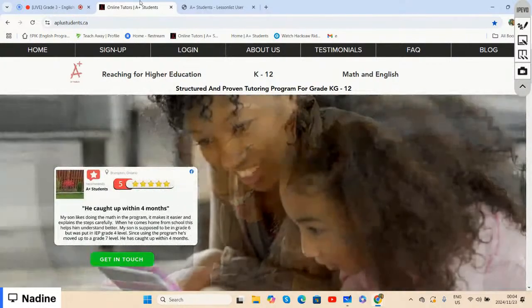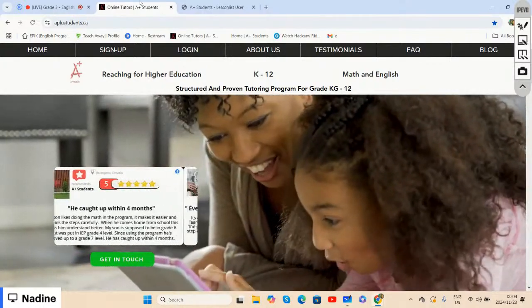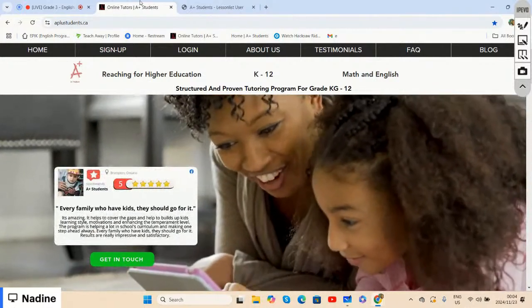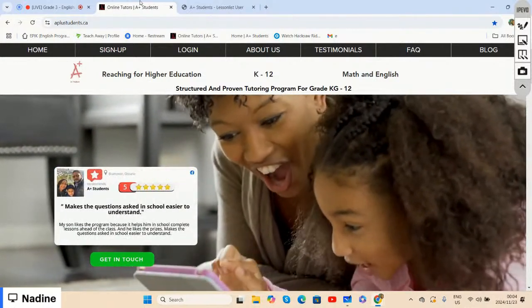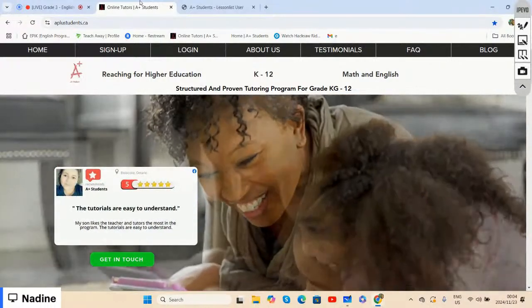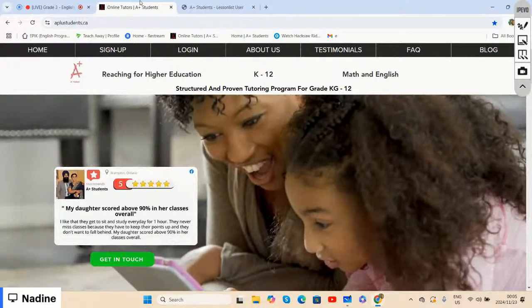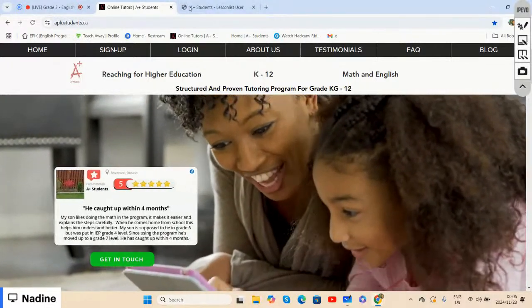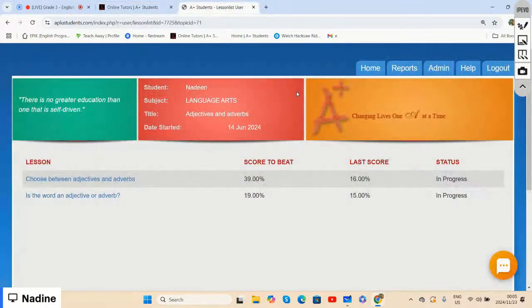We're doing grade 3. And then we're going to scroll down until we get to our chapter of adjectives and adverbs.